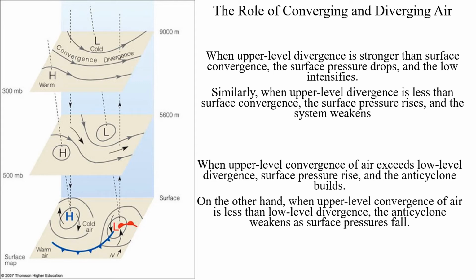Directly above the surface low at 300 millibar, the air spreads out and diverges. This allows the converging surface air to rise and flow out of the top of the air column just below the tropopause, at the higher altitude.